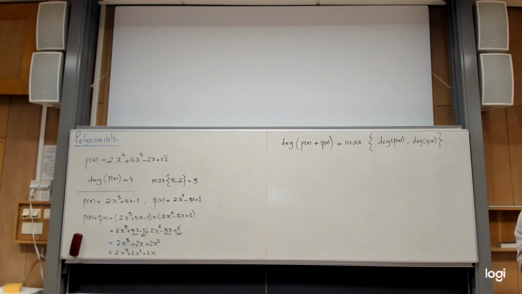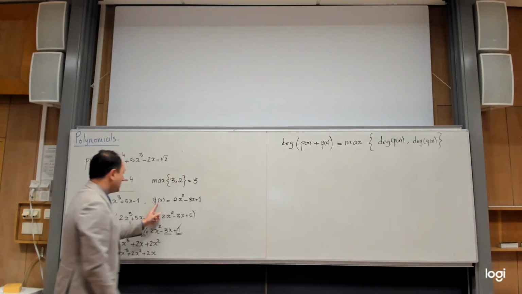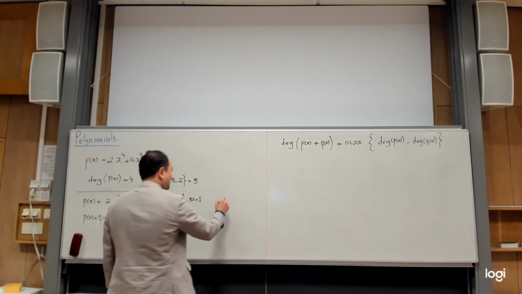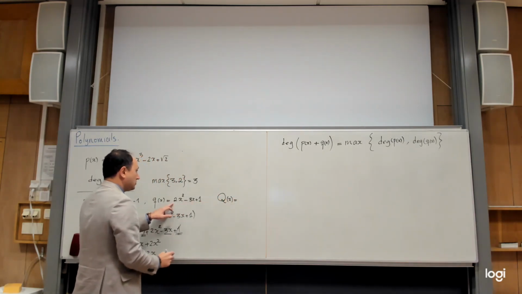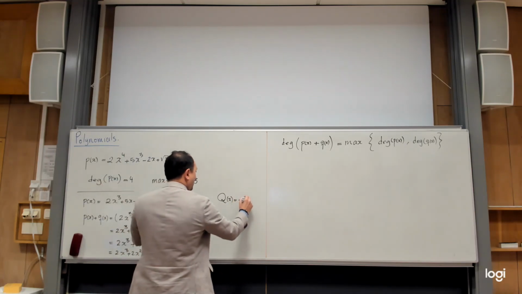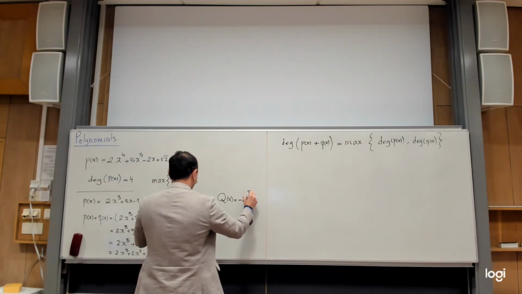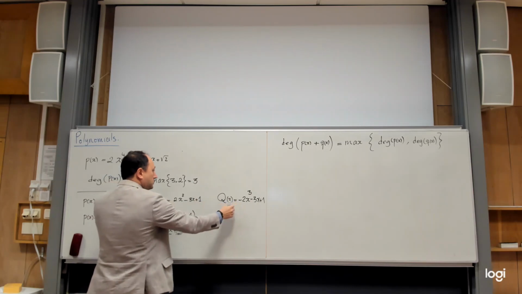The highest will cancel, yes? So, yes, that's correct. So assume that instead of having this q(x), let me write a Q(x) with a capital letter to differentiate these two. Assume that instead of having 2x cubed, I have minus 2x cubed minus 3x plus 1. So I do not touch these two. I'm just changing the first term to minus 2x cubed.